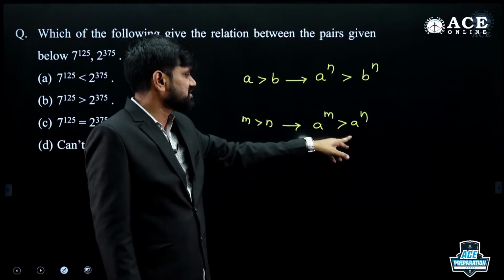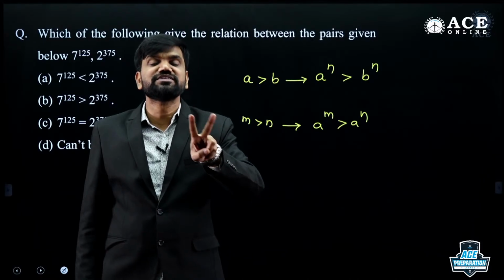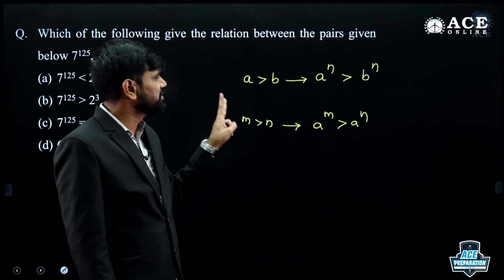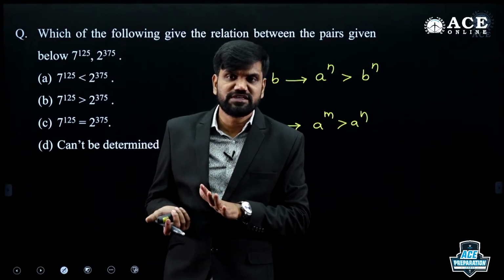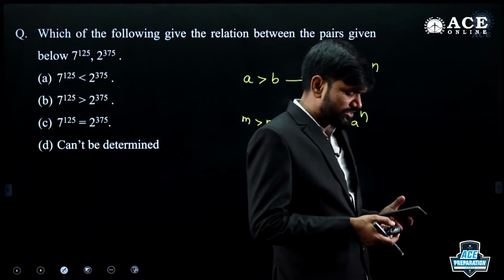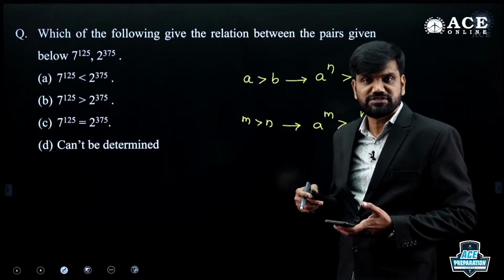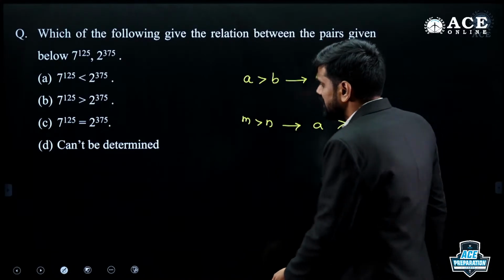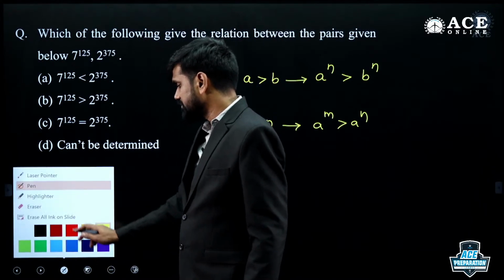If the bases are same, compare the powers. Only these two ideas you should have. This will take care of all simplification models related to this type of things. Is that clear? I repeat, if the powers are same, we will check for the bases. If the bases are same, we will check for the powers.